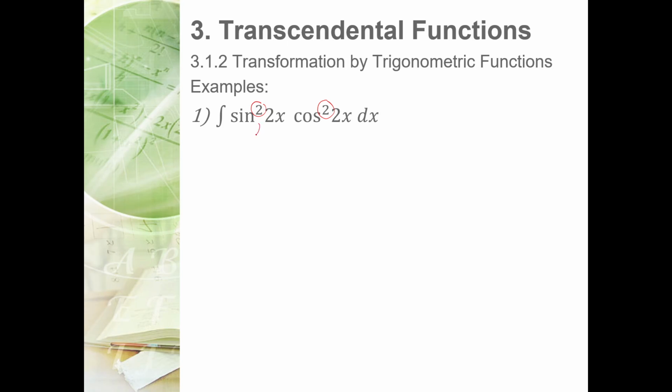One will be sine squared theta is equal to 1 minus cosine 2 theta all over 2. The other one will be cosine squared theta is equal to 1 plus cosine 2 theta all over 2.